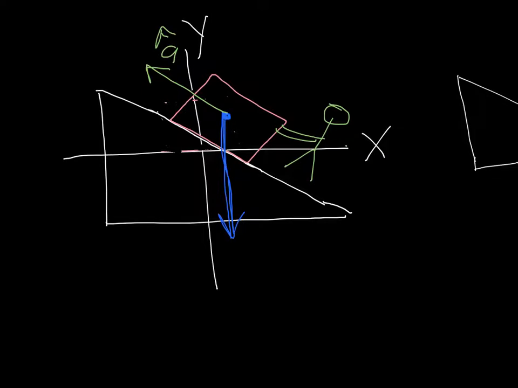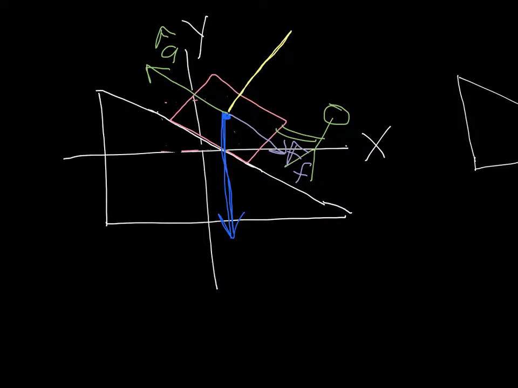And then, of course, if I've got an object sliding against the inclined plane, well, then I'm going to have some force of friction acting also at an angle. And then I'm going to have to deal with my normal force, which we know always has to be perpendicular to the plane.